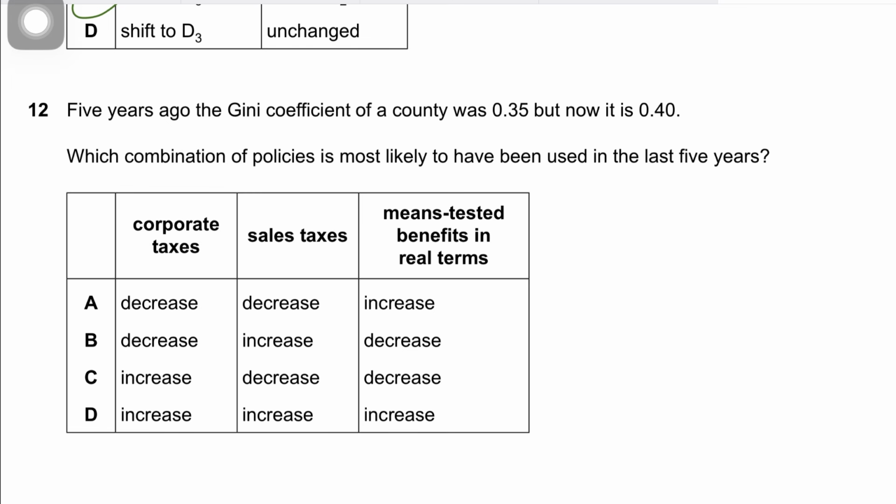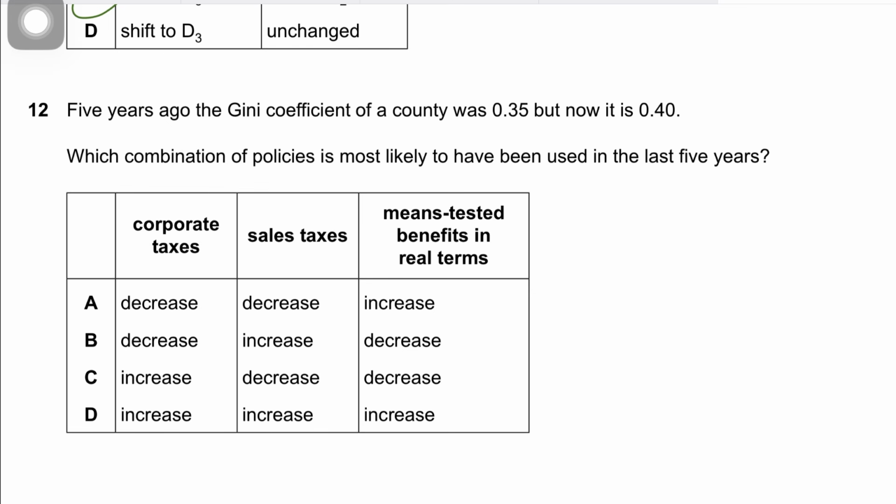You should be aware of what the Gini coefficient is, right? Anyways, 5 years ago the Gini coefficient of a country was 0.35, but now it is 0.4, so it has increased, which means income inequality has gone up. Which combination of policies is most likely to have been used? The combination of policies that have been used has resulted in a rise in income inequality. Something has gone wrong for this country. This question is testing your understanding of the Gini coefficient and income inequality.